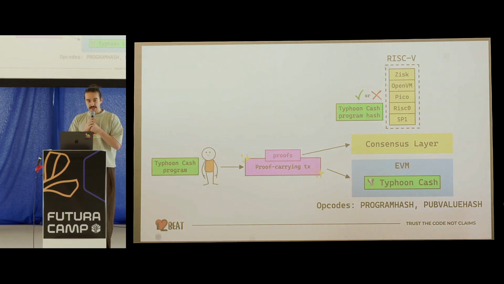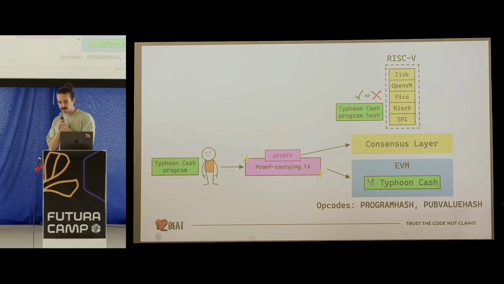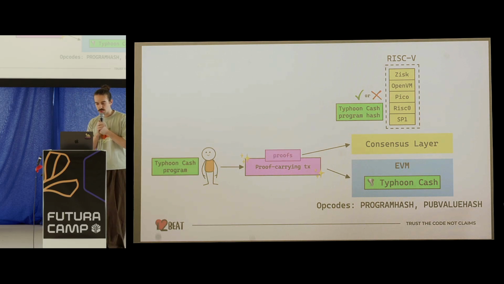And to give you an example again, let's say that someone deploys Typhoon Cash. This is a ZK application for privacy, an imaginary privacy application. This uses ZK proofs for privacy and for succinctness. And this uses this native proof verification infrastructure. So the user would create this proof carrying transaction.